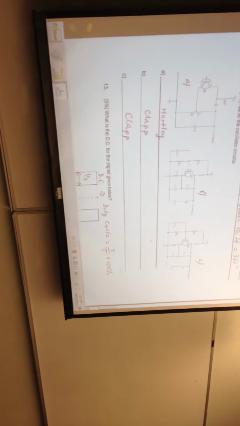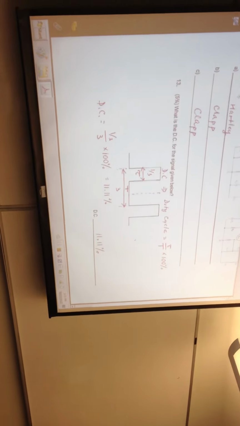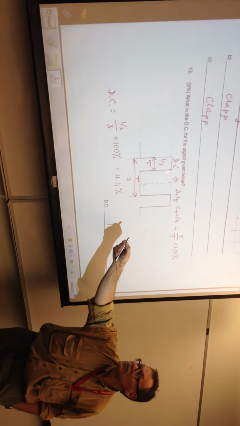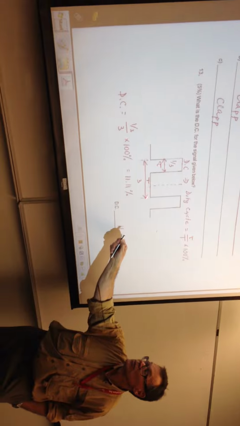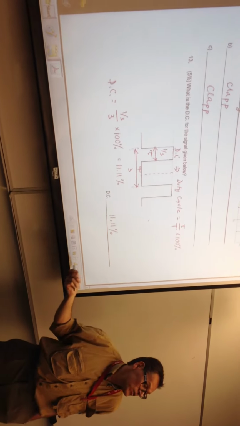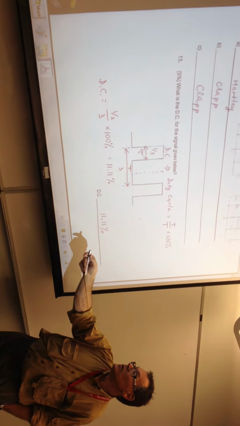Okay, the duty cycle, that was the simplest. Most of you did it, but some of you didn't do this right. I don't know why. If you just look at this, that's the period, 1, 2, 3. 1/3 of this. I don't need any calculations. 1/3, and then duty cycle should be just 33%.